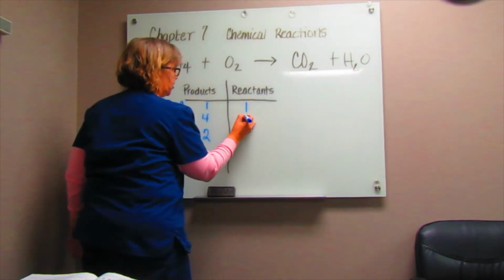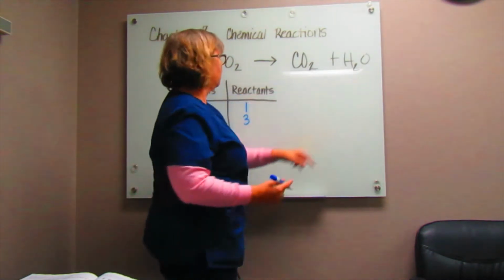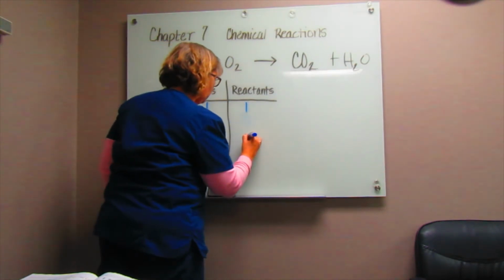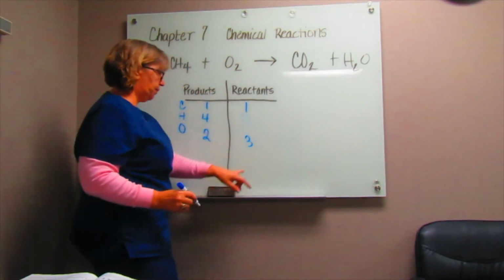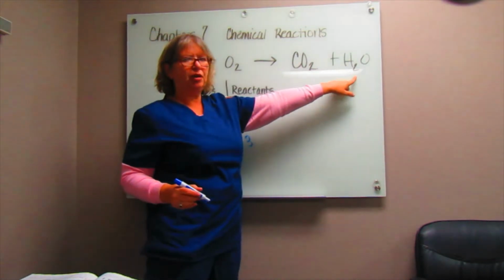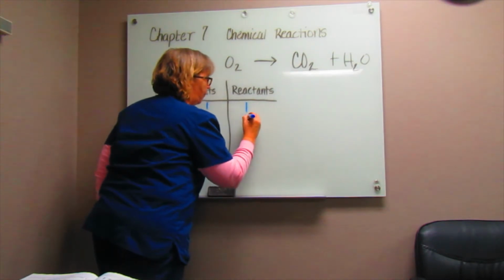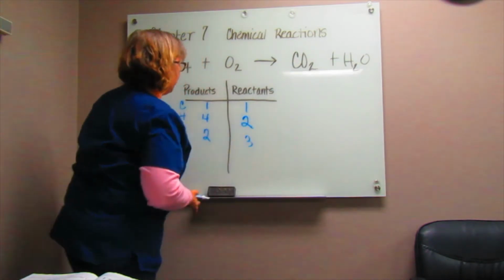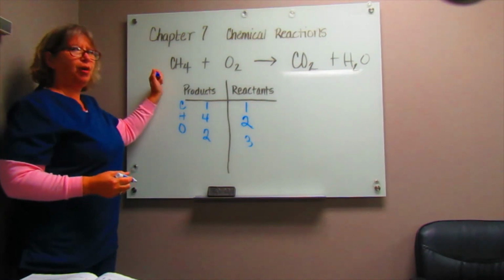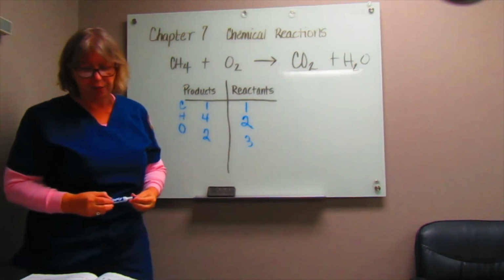So that's going to give me a total of 3 oxygens. And then I look at my hydrogen, and I have 2 hydrogens. The whole point of balancing equations is to make sure that there are the same number of molecules on the product side that we have on the reactant side, okay?